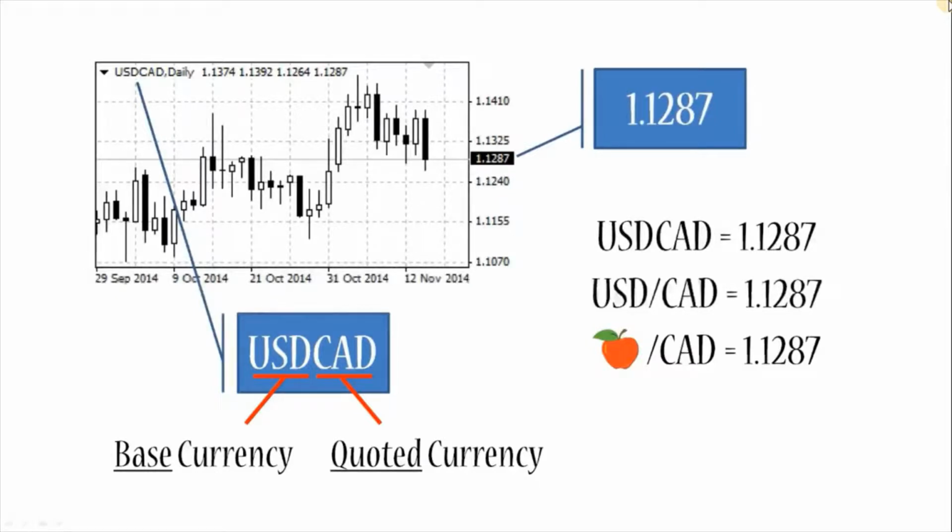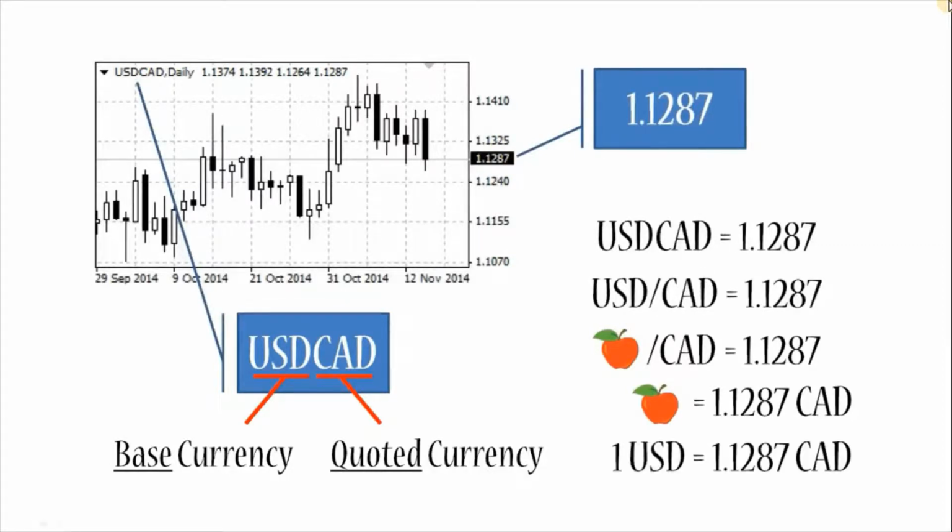In this case, apples. So in this example, we can see that the price of one apple is 1.1287 Canadian dollars, or approximately 1 Canadian dollar and 13 cents. So now going back to US dollars, we can see that the price of 1 US dollar is approximately 1.13 Canadian dollars. This means that for 1 US dollar you will get 1 Canadian dollar and 13 Canadian cents.